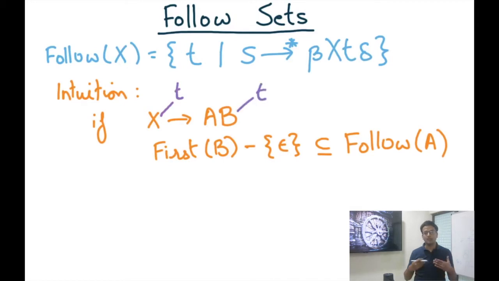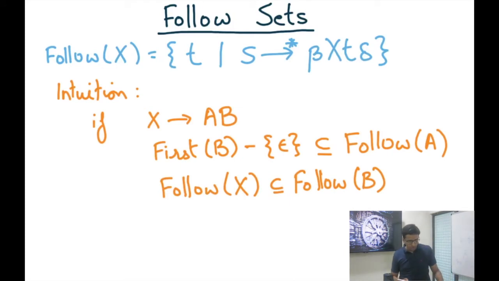Because if something can follow capital X starting from S, then I can always derive AB from X, and then small t would start following B. So in other words, Follow(X) should be a subset of Follow(B).